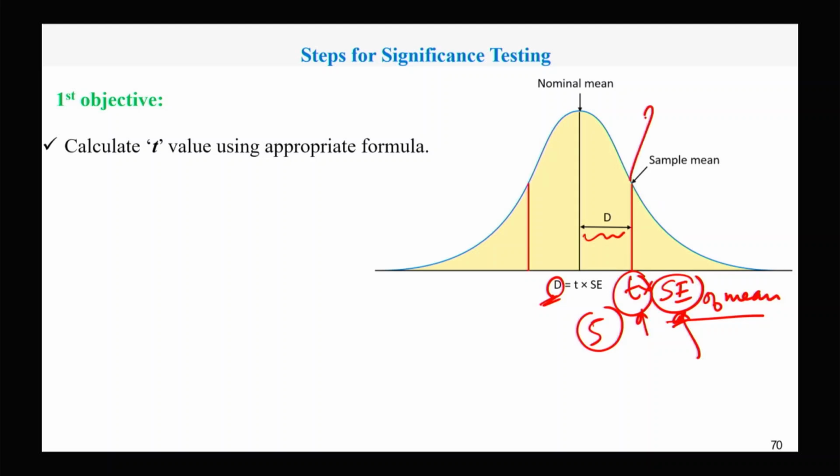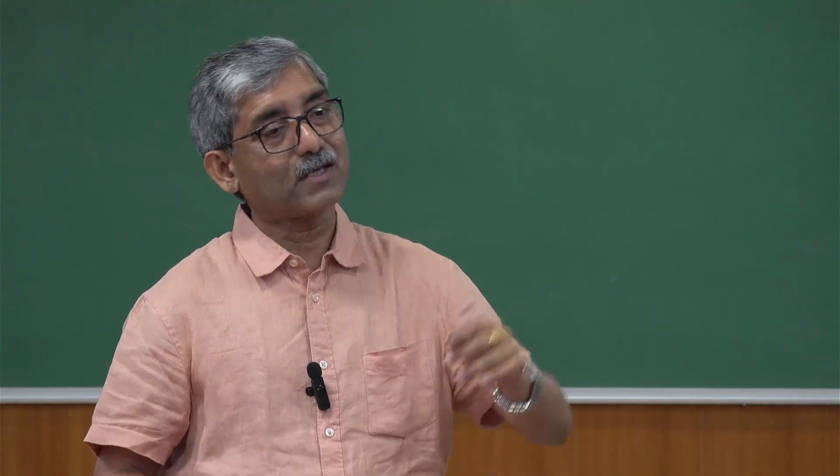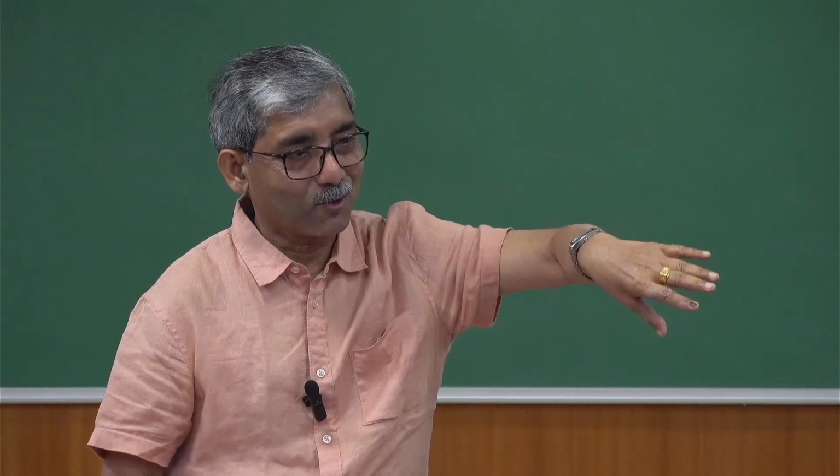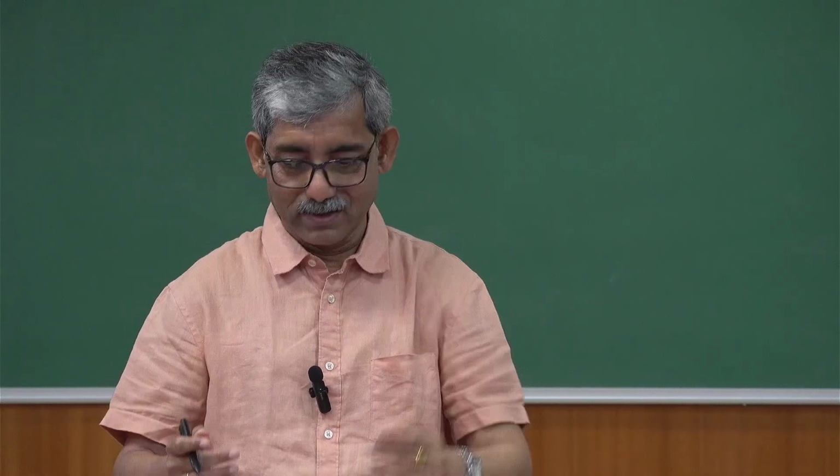Say 95% confidence means your assumption will be true 95% of the time, and your data will be within this zone. Only 5% of the time you are missing. So sometimes it's called the 5% level. 95% confidence, that is the term.